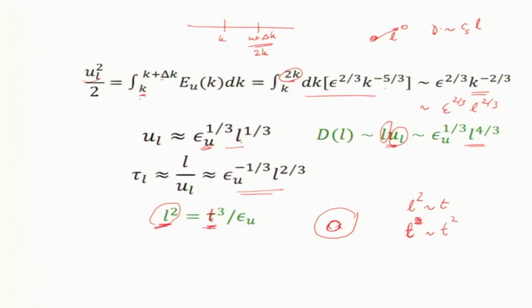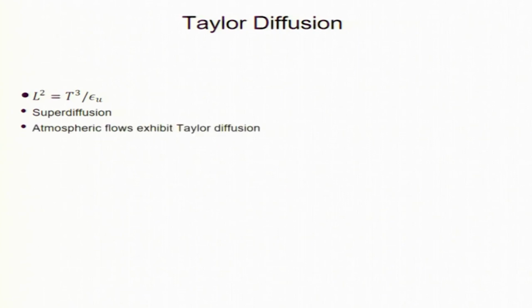L squared is T cube, and this is called Taylor diffusion. So, in turbulence we have diffusion where L squared is T cube, and this is fully non-equilibrium. This is not an equilibrium phenomenon. This is called Taylor diffusion, a super diffusion, faster than ballistic.